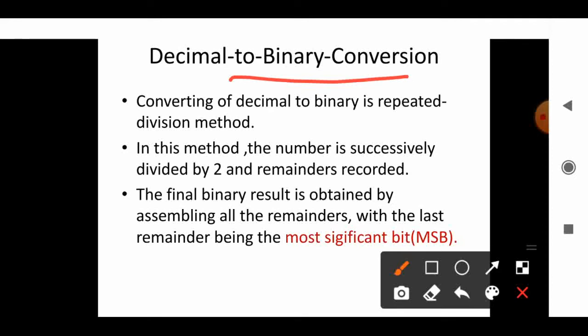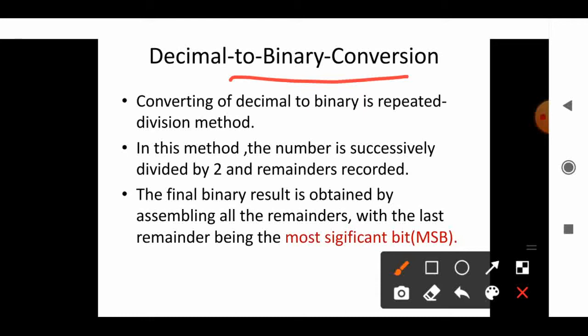In this method the number is successively divided by 2 and the remainder is recorded. So the final binary result is obtained by assembling all the remainders, with the last remainder being the most significant bit. We have learned the positional values of the decimal system. Which one is the most significant bit?